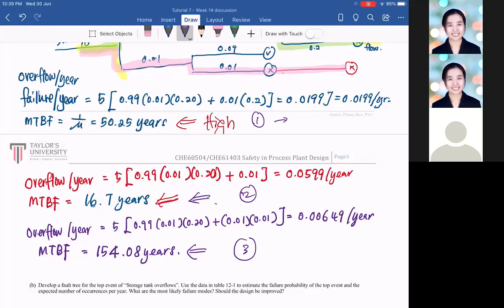Then you can see that itself has a difference of 50 years versus 16 or 17 years. Whereas the third scenario is that we just separate two systems. One is alarm only, another one triggers whether the alarm is ringing or not, it will trigger. And that itself saves a huge amount of time. Any questions so far?